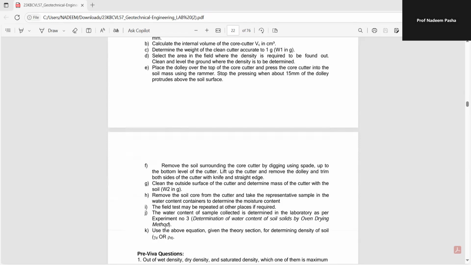Lift up the cutter, remove the dolly and trim both sides of the cutter with a knife and straightedge. Next, clean the outside surface of the cutter and determine the mass of the cutter with the soil, W2 gram.